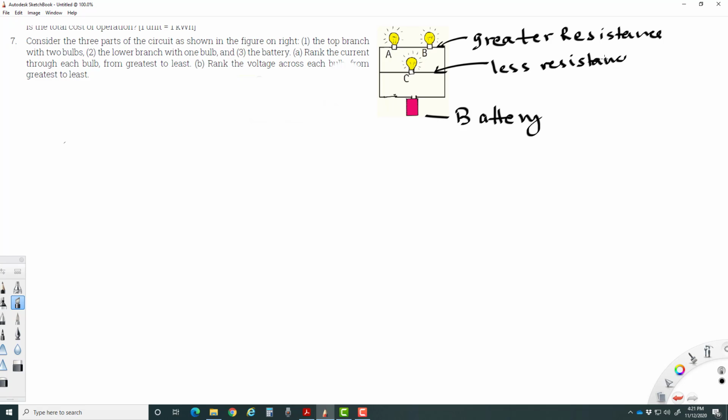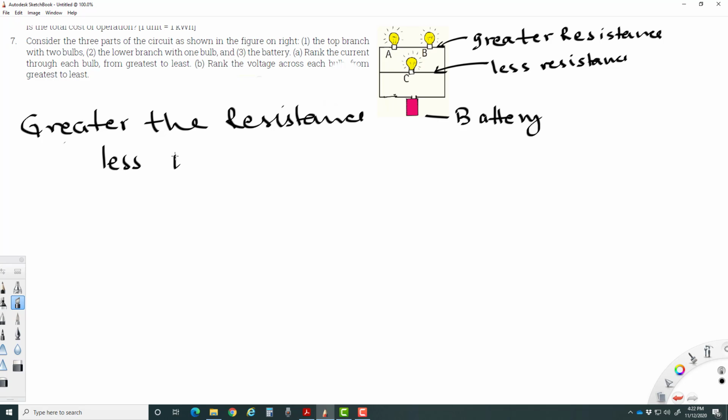So more the light bulbs, more is the resistance to the current, and we know that greater the resistance, less is the current.